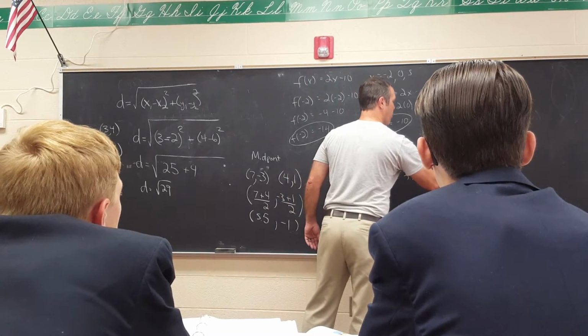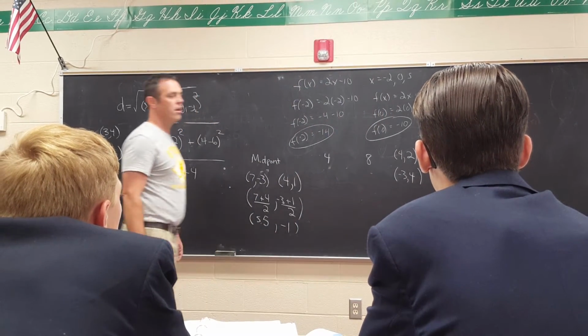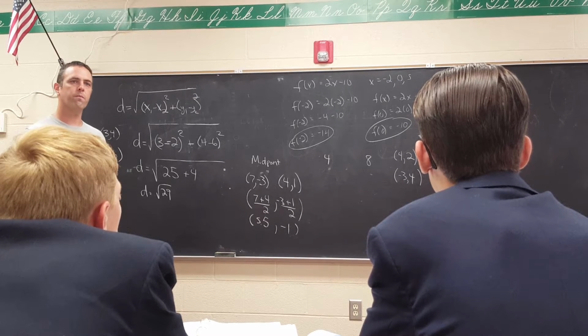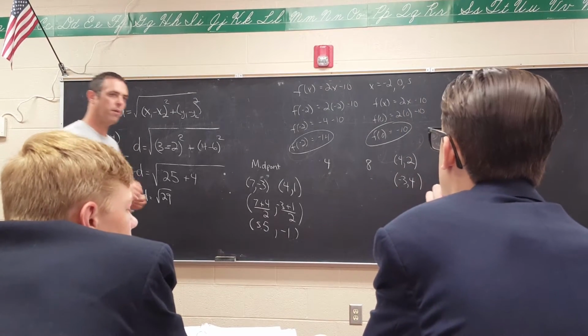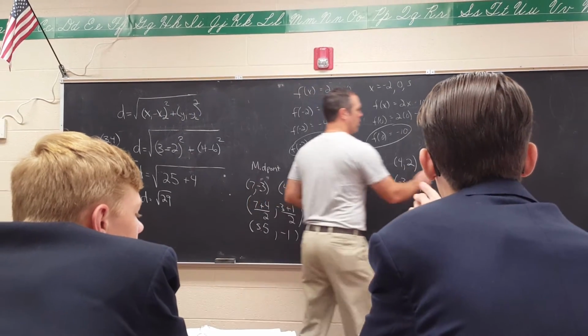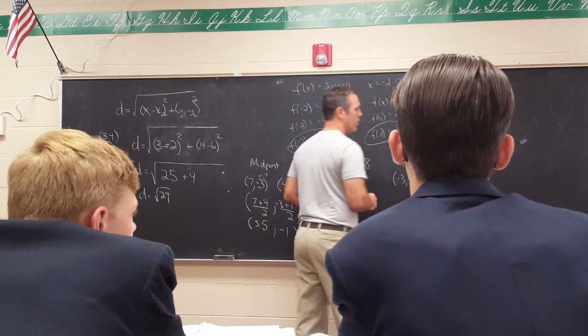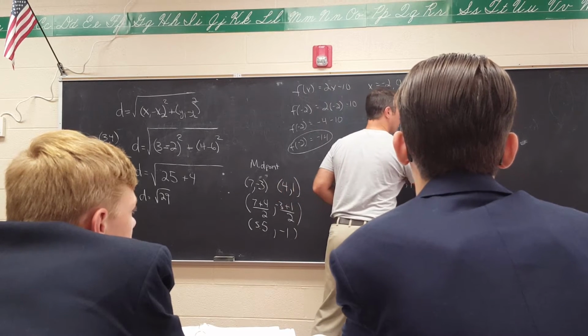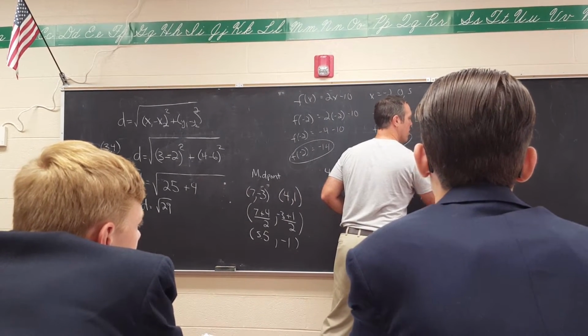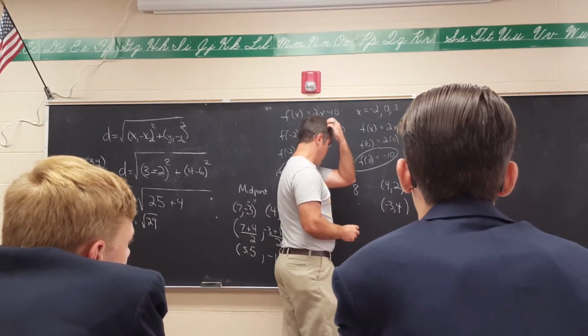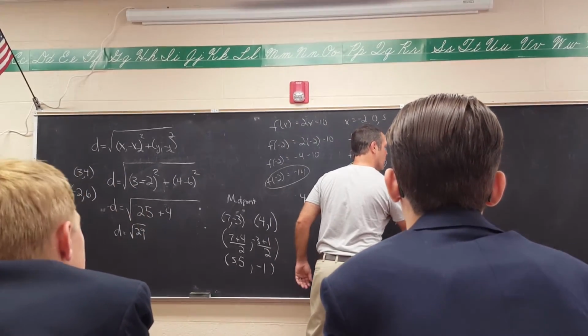The formula for slope, we use the letter m. What's our formula for that one? Remember yesterday? m equals y2 minus y1 over x2 minus x1. Okay, now does the order matter in this one?